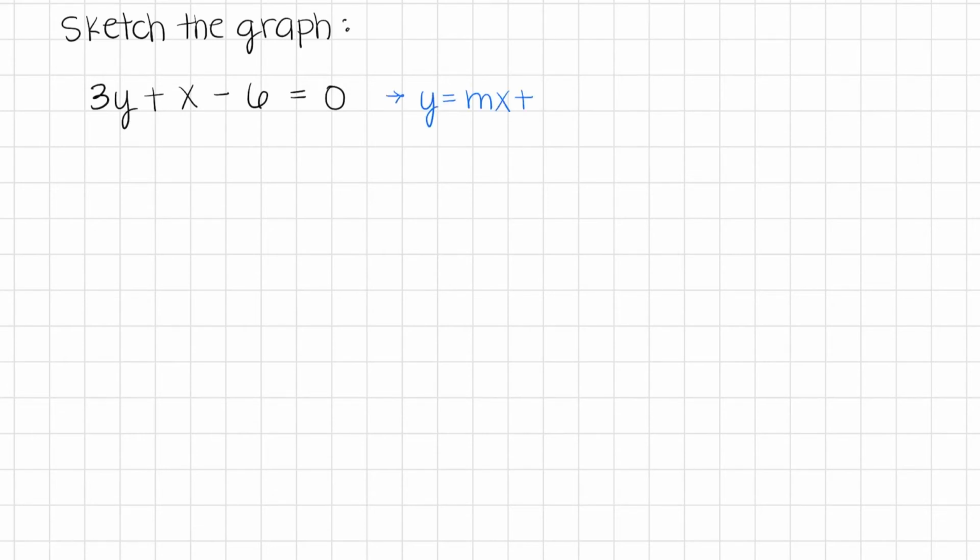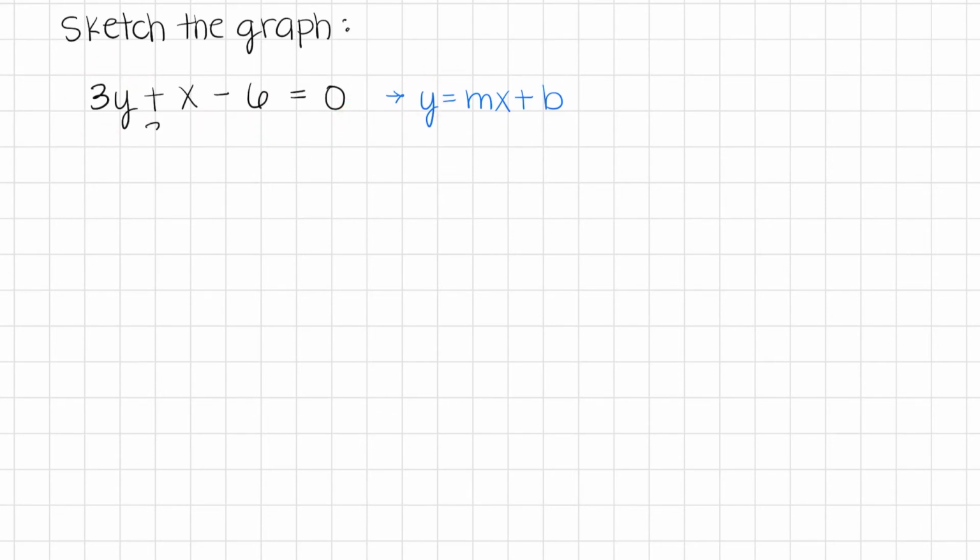Let's try another example. We are told to sketch the graph of 3y plus x minus 6 equals 0. So when we have an equation that looks like this, the first thing we want to do is put it into the form y equals mx plus b so we can easily pick out what our slope and y-intercept are. So we can start by moving that x and 6 over to the right side so we leave that y on the left side.